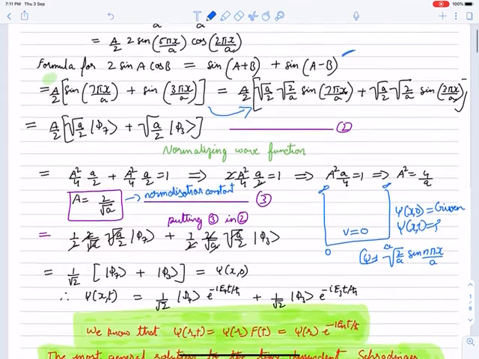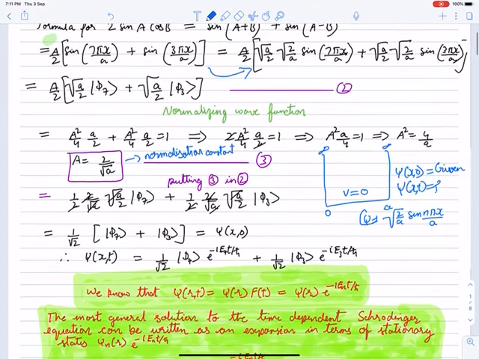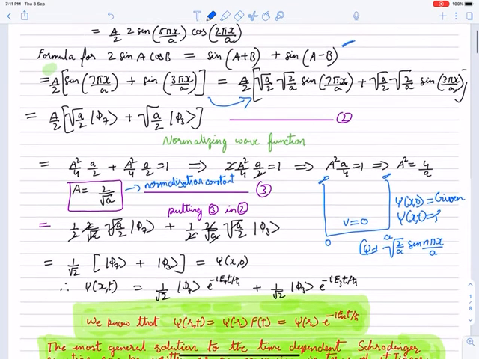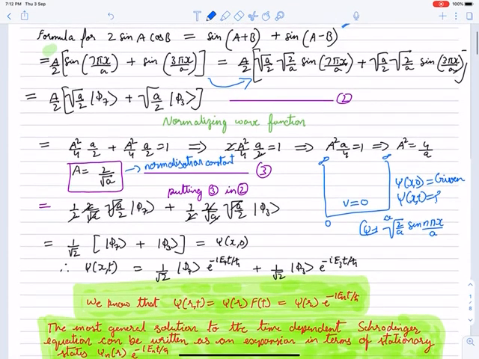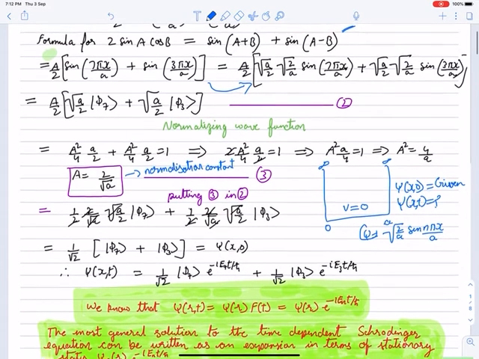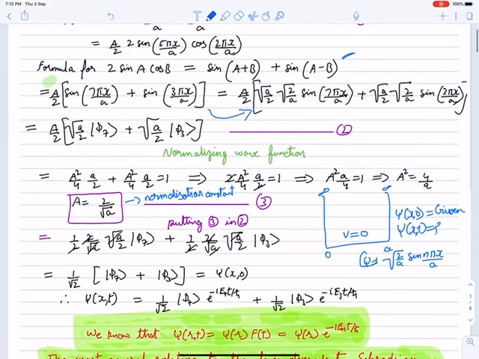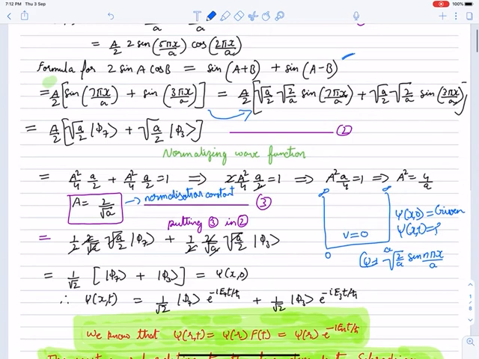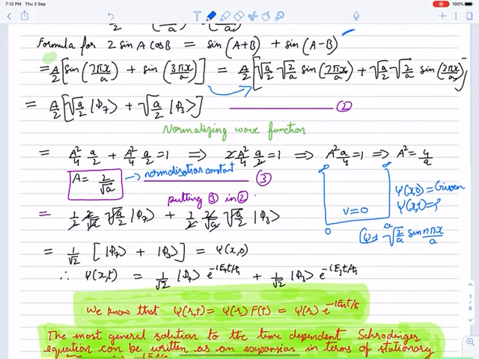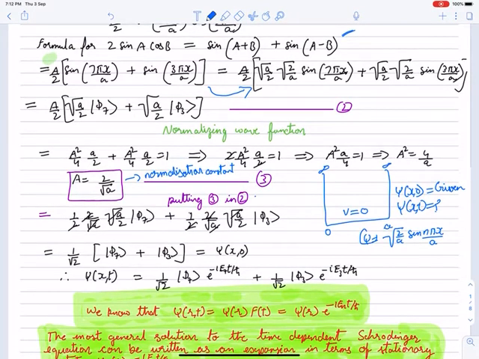Then we put the value of this a in this equation number 2. When we put it in, we will get psi x, 0.